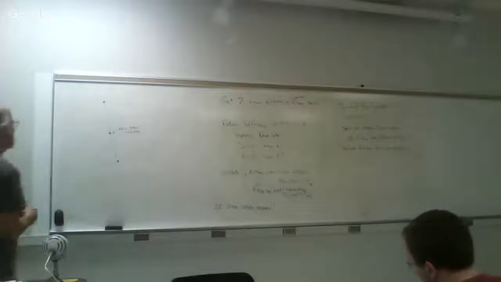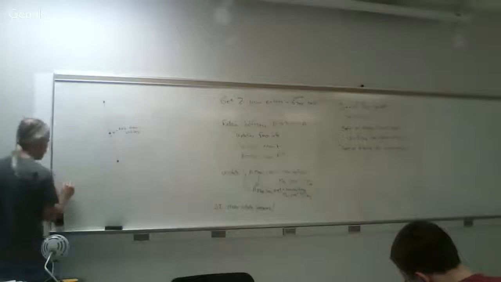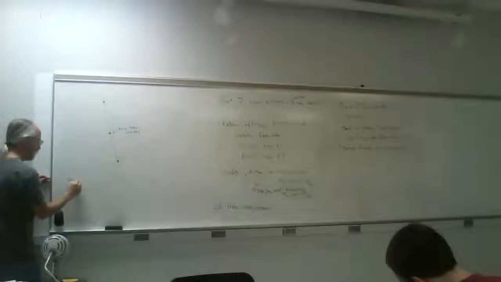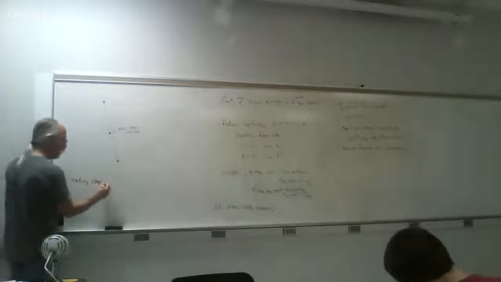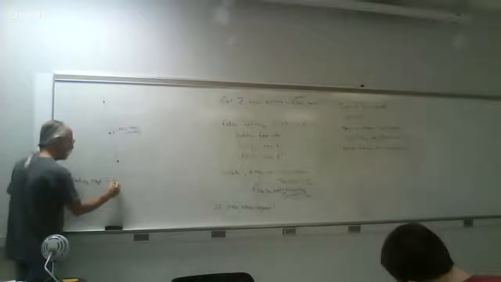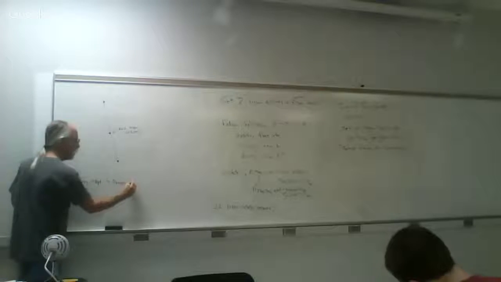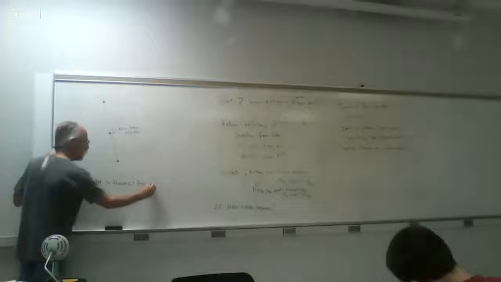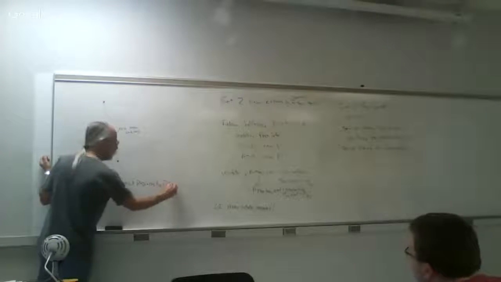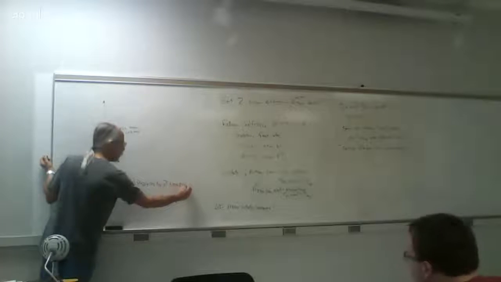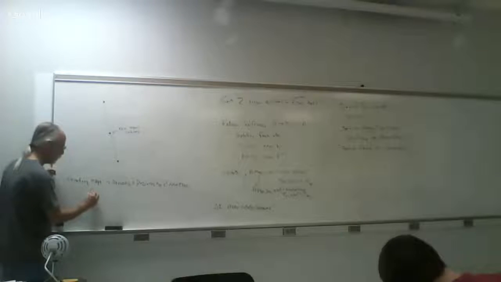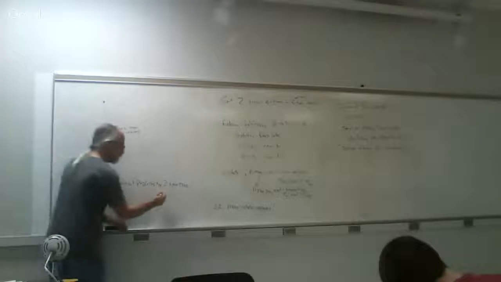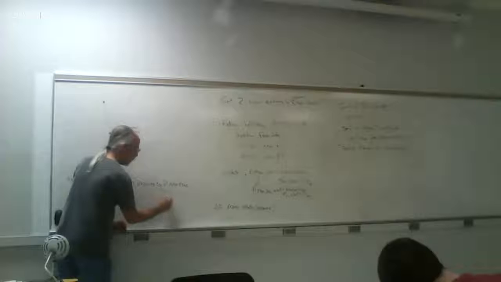So when I do that, this edge now changes. The existing edge is removed and replaced by two new ones. Of course, an edge corresponds to two half edges, so this is going to be two half edges. And it's replaced by four new half edges.